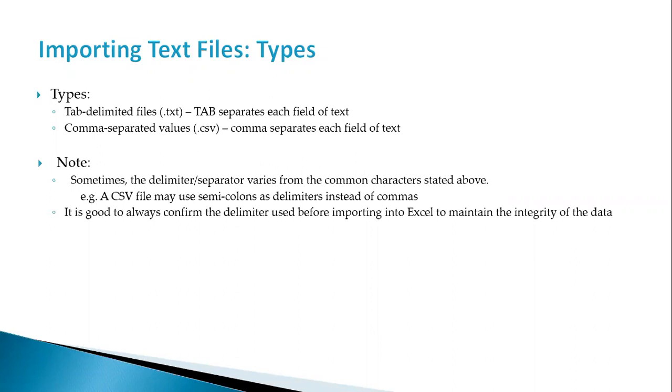Sometimes a file could be labeled a .csv file, but instead of a comma, it uses semicolons. So it is important to first of all know what delimiter, separator, or special character is used in your text file before you begin the process of importing. This, of course, will help maintain the integrity of your data during and after you import.